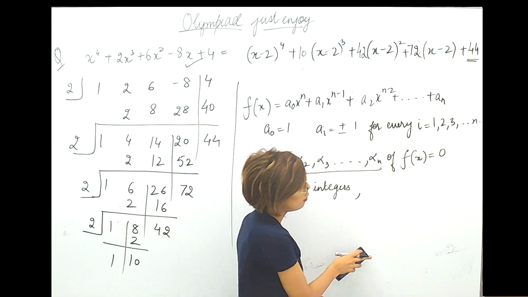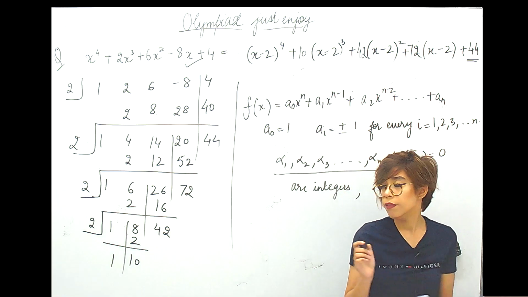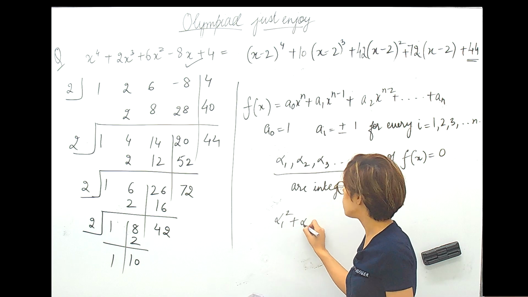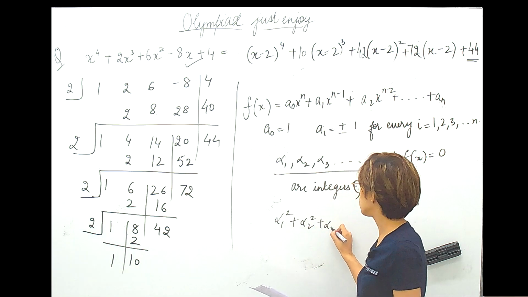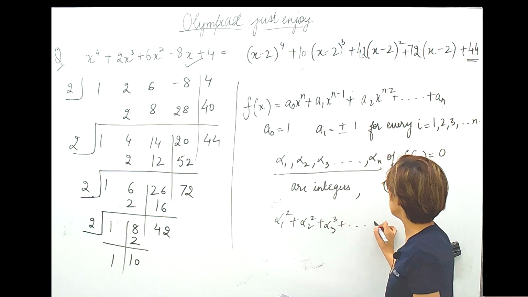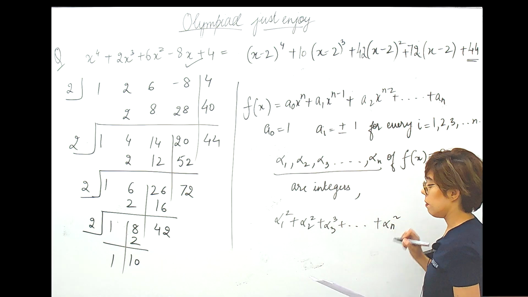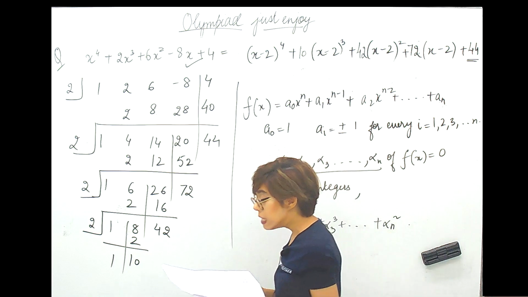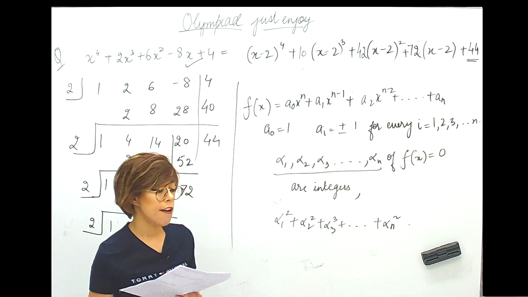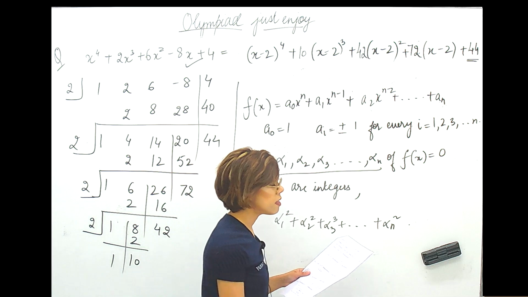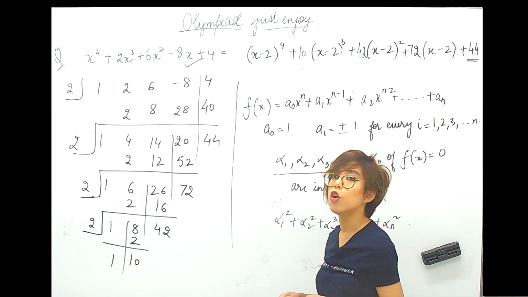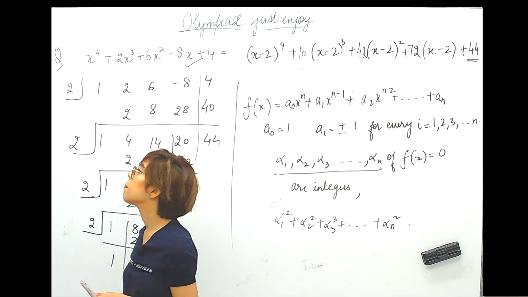Find the value of alpha 1 square plus alpha 2 square plus alpha 3 square plus so on till alpha n square. And hence find all polynomials f of x.